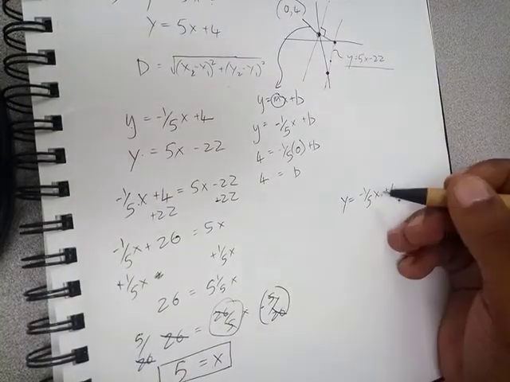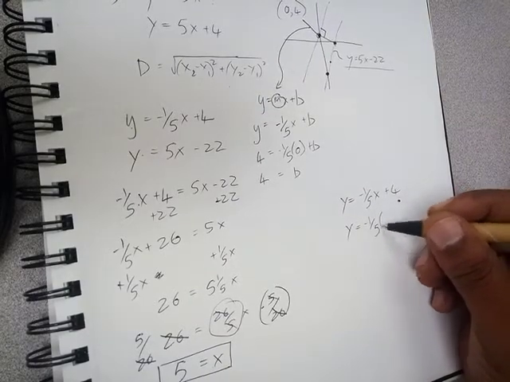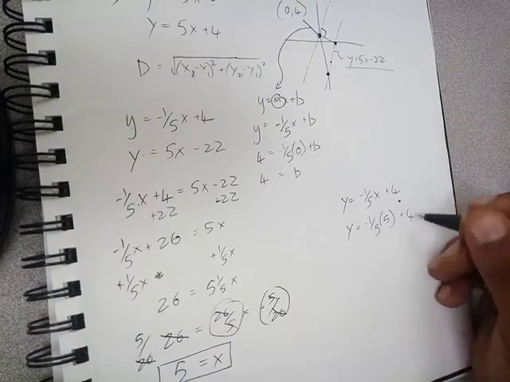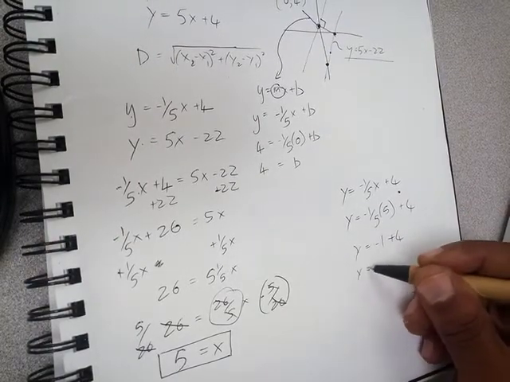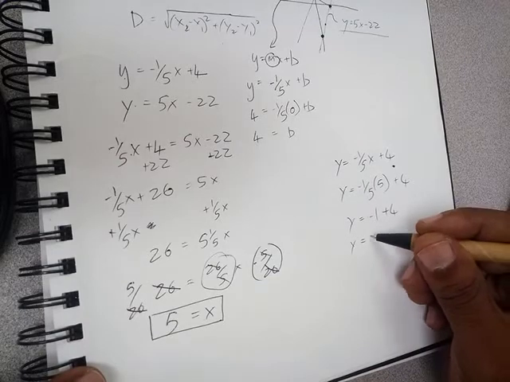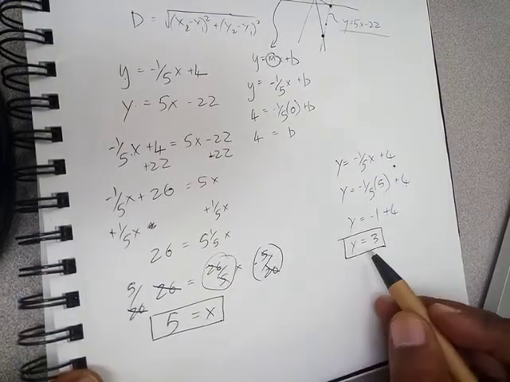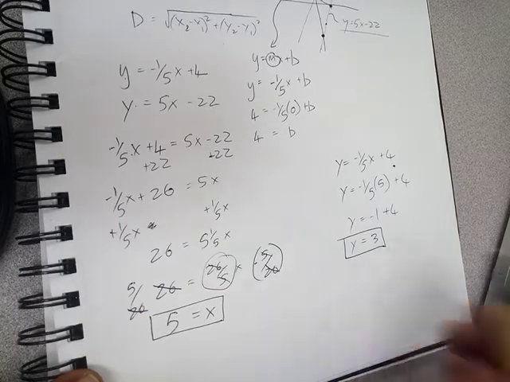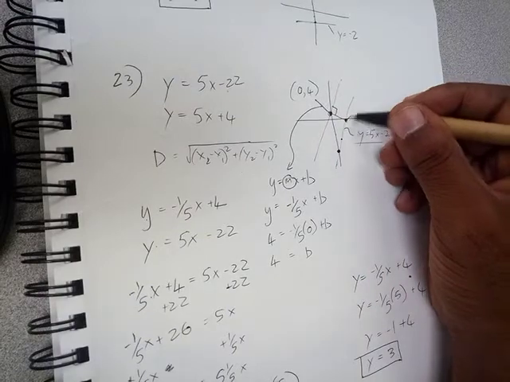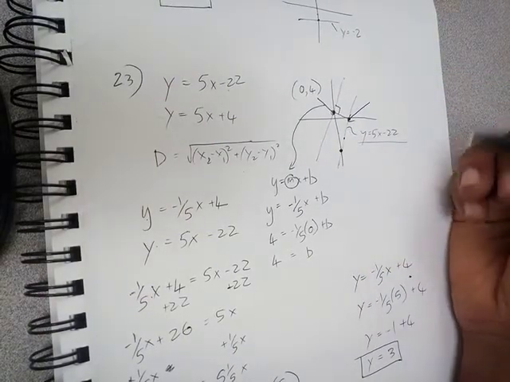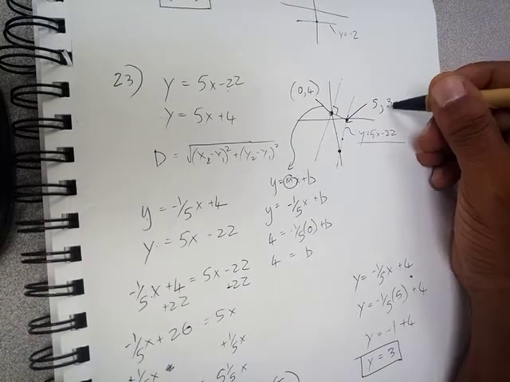We found that x is 5, plug 5 in. y is equal to negative 1/5 times 5 plus 4, which is negative 1 plus 4. y is equal to 3. These are not my answers; this is my coordinate. I have two coordinates now. One point is (0, 4), which has been defined. I now know that the other point is (5, 3).